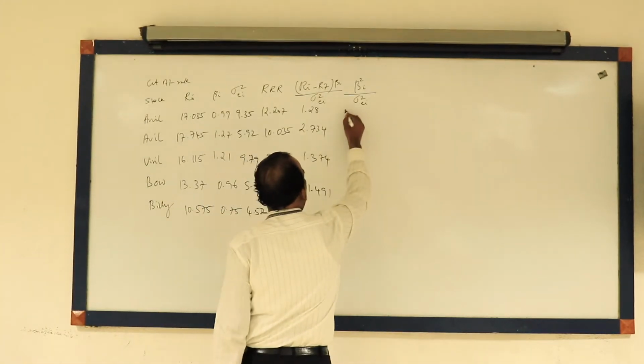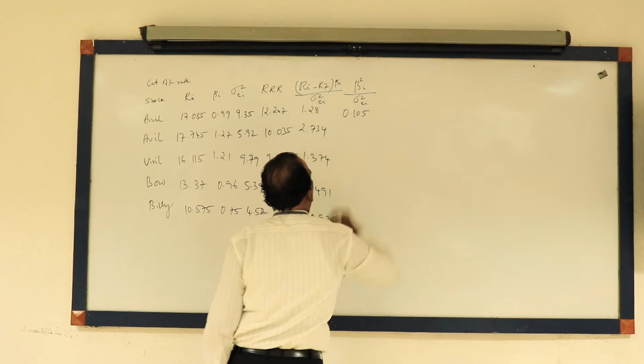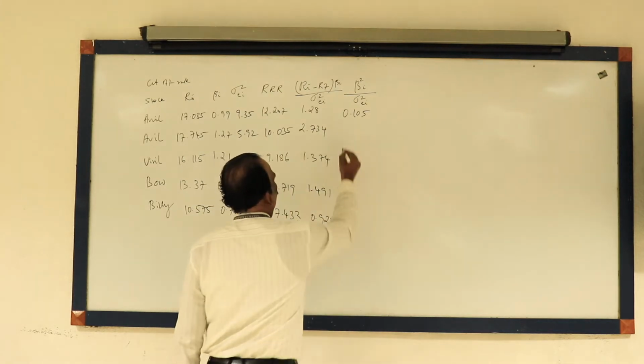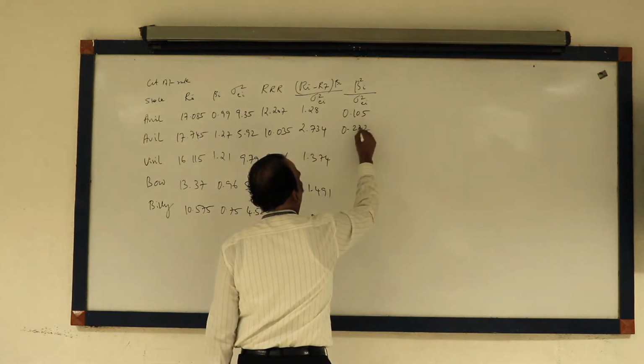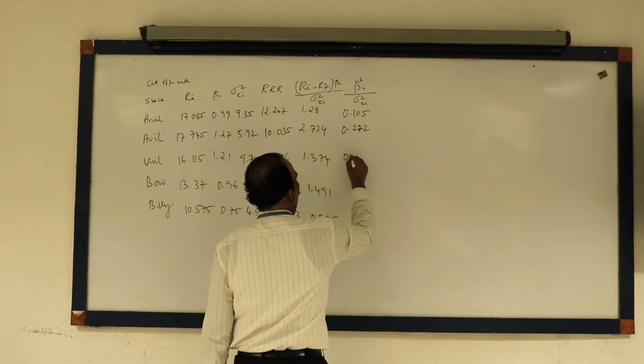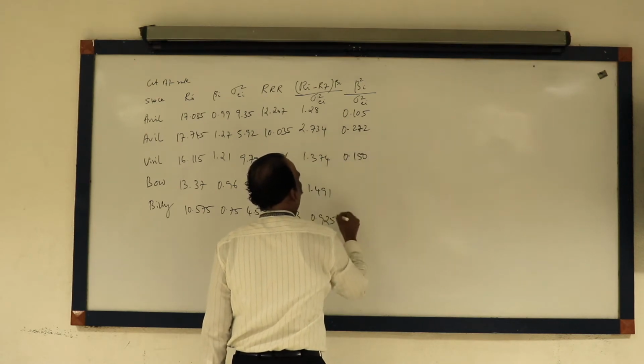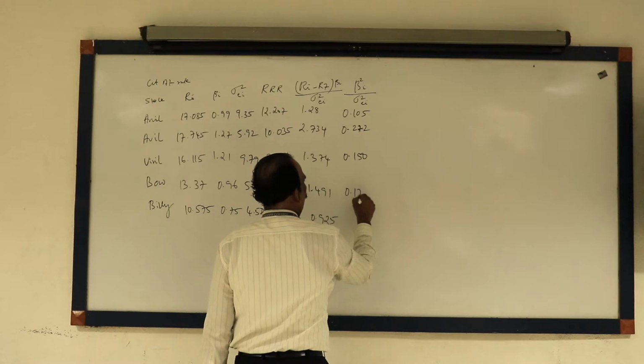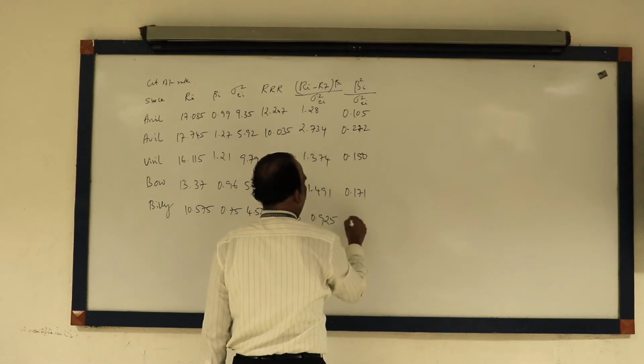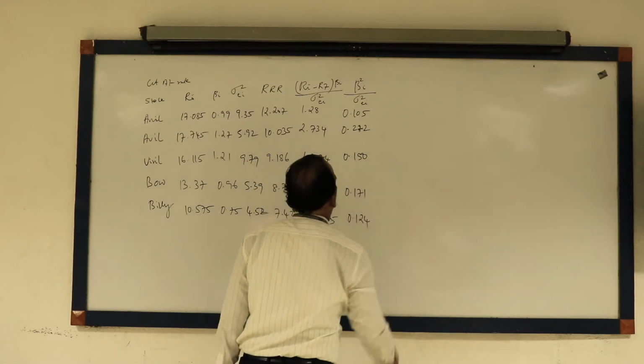Then 0.272, then 0.150, then 0.171, then 0.124.